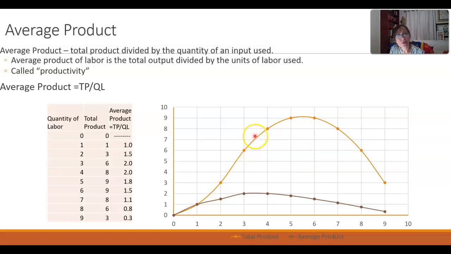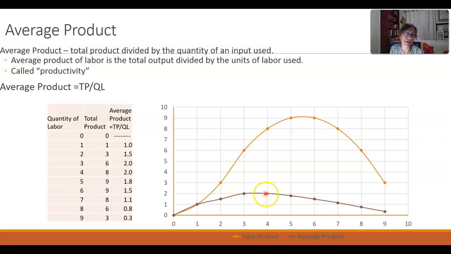But look at the shape of the total product curve. Okay, this total product curve starts to inflect. In other words, first we have increasing returns. Each additional person that we're adding, collectively our output is going up. But then between the third and the fourth person, our productivity flattens out.